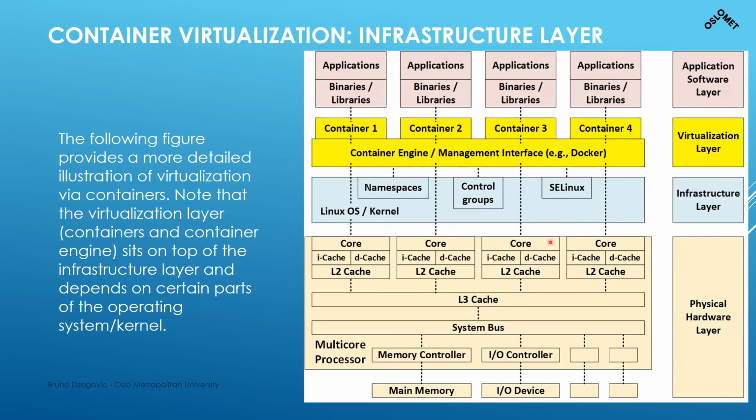In this case, we have a 4-core CPU, which is quite old. If we talk about CPUs, you have L2, L3 cache. We have the system bus through which the CPU communicates with the memory controller, the input-output controller, etc. We are not getting into physical architecture. So that's how containers communicate with the cores.